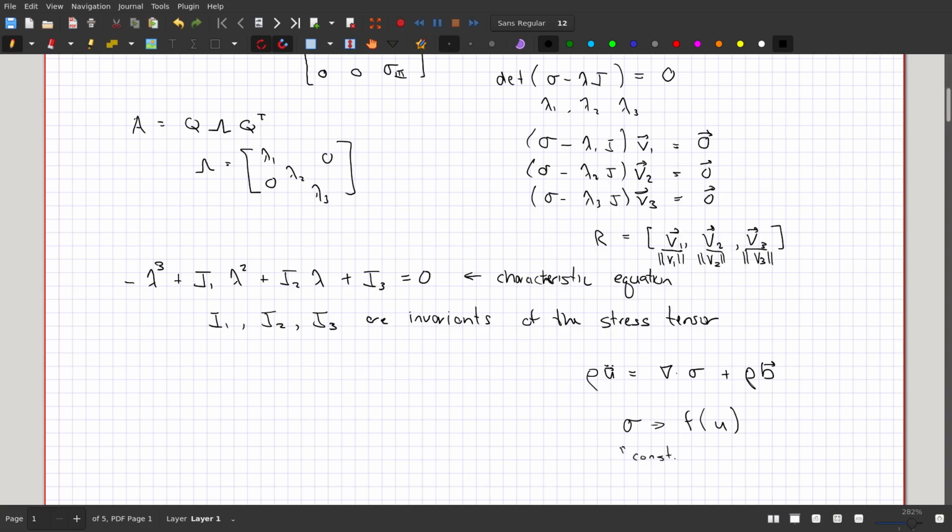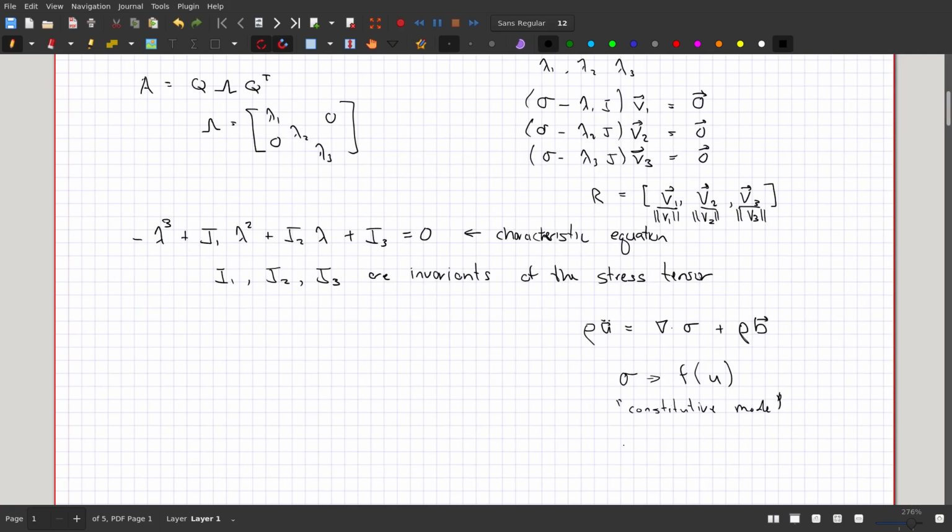It's spelled like this, and sometimes you'll hear people say it differently, constitutive model, right?